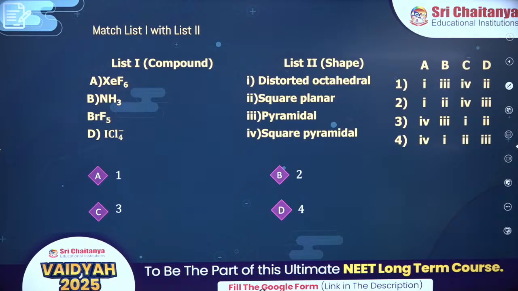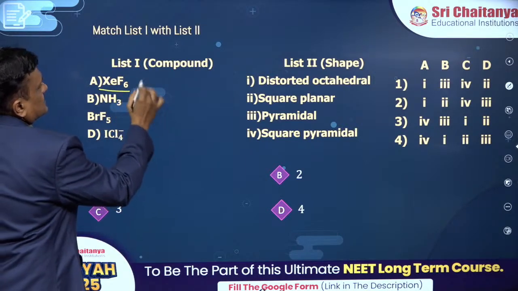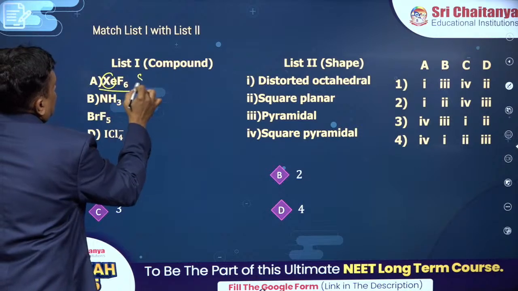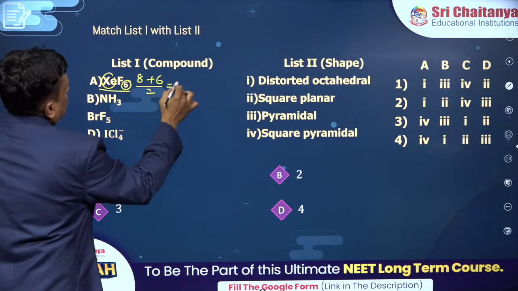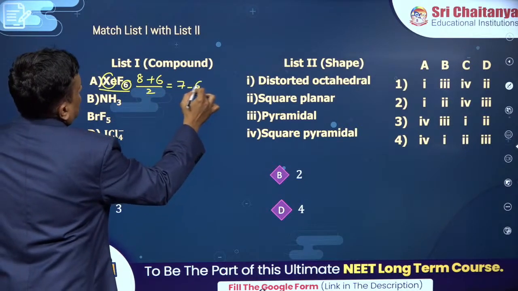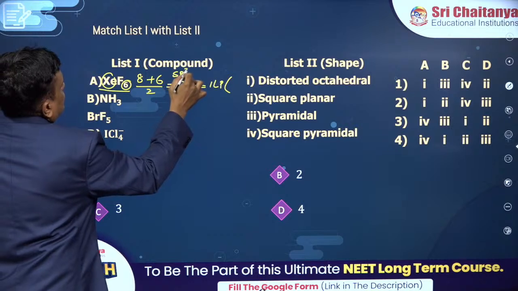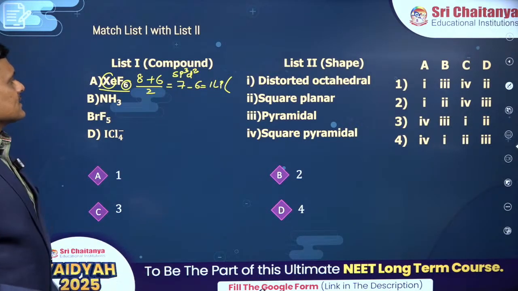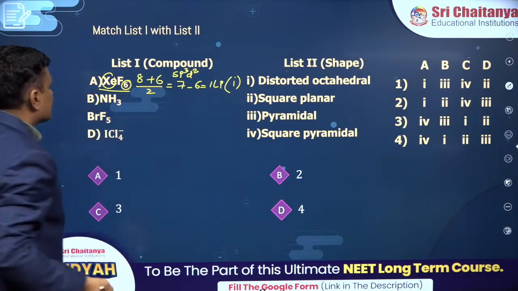Yes, next question I discussed already. XeF6 hybridization, the same formula I am using: valence electrons plus number of halogens attached, by 2, gives 7, and atoms attached are 6, so 1 lone pair. Hybridization 7 means sp3d3, 1 lone pair means the geometry is called distorted octahedral.